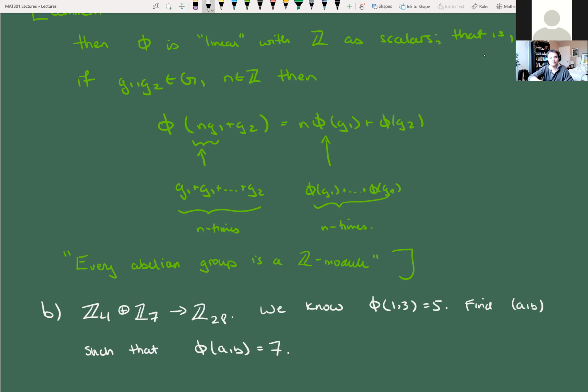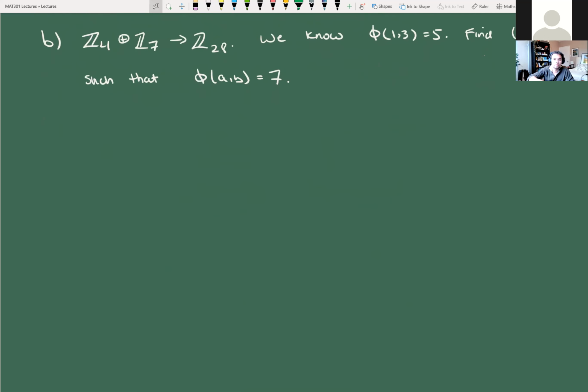Anyone? Exactly. Yeah, perfect. So we note that 7 times 5 is congruent to 7 mod 28. Okay, so what does that win us? Well, it wins us the following.